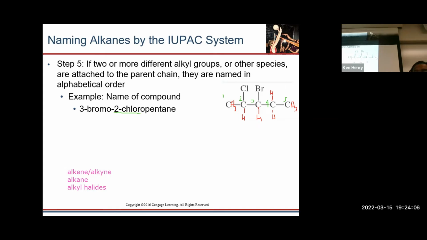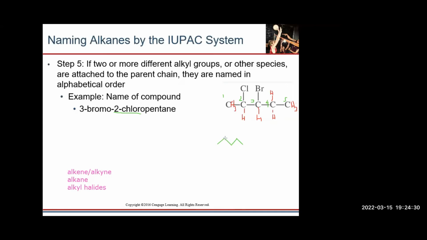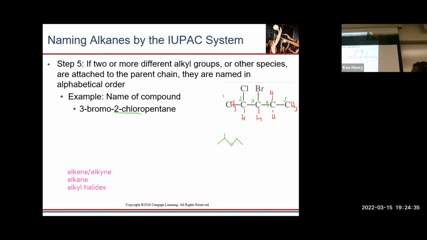Let me show you what the structure looks like for this guy. This is the expanded structure, sort of. Skeletal is much easier to draw. And then it's possible to have side chains, right? You could also have something more complicated.